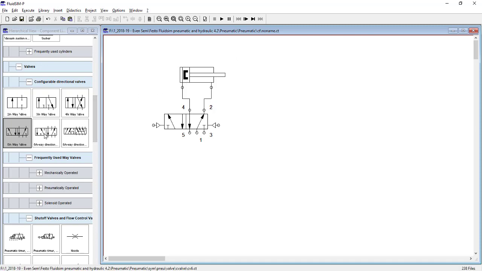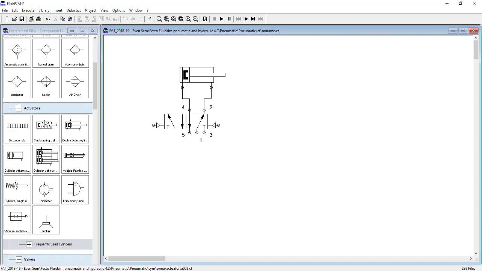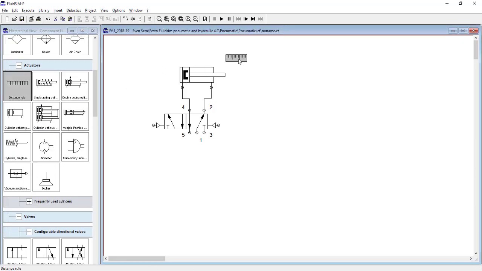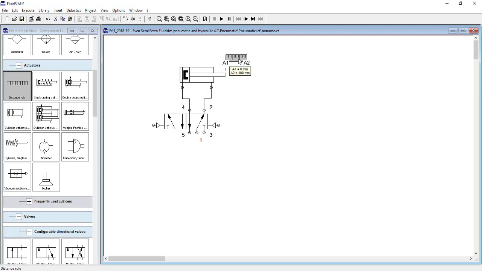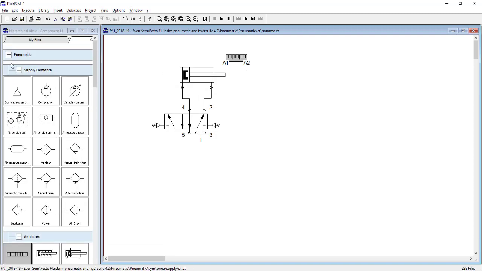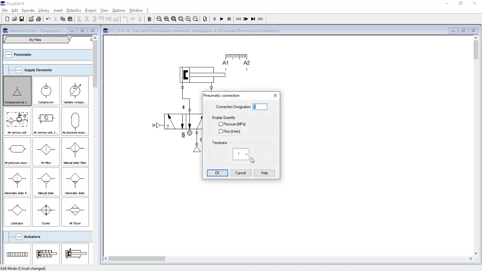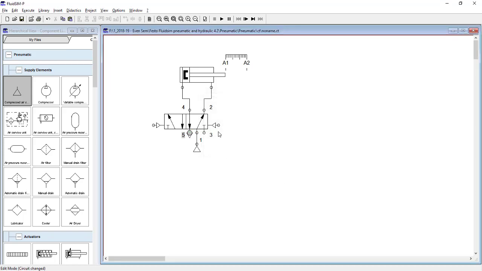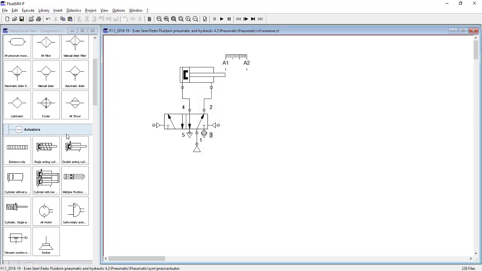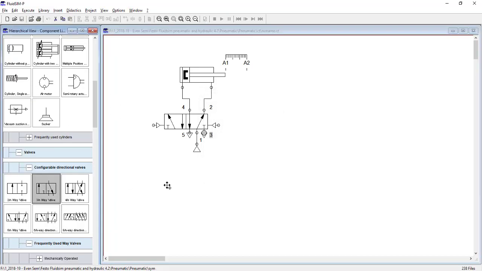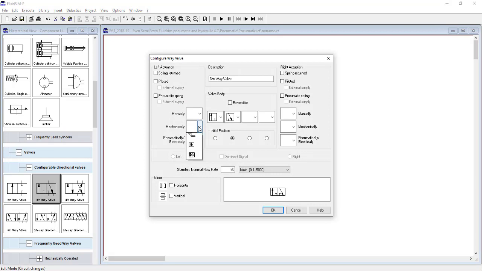Then what did you have? You had two limit switches. If this is cylinder A, then you had limit switch A1 and limit switch A2, right? You had a compressor over here. You had exhaust over here, right? And you put these two limit switches over here.